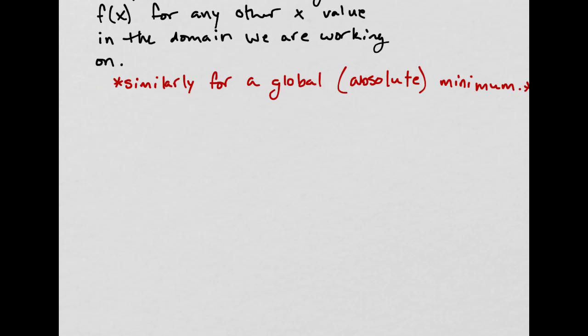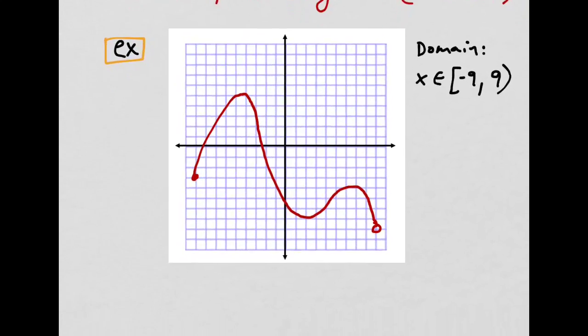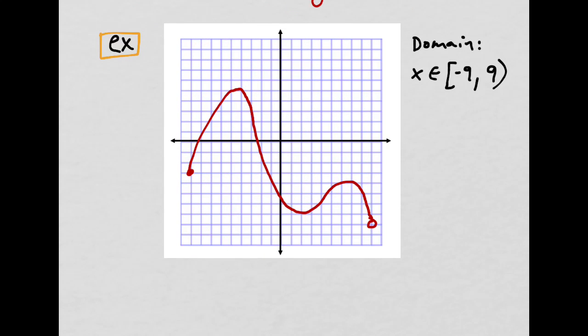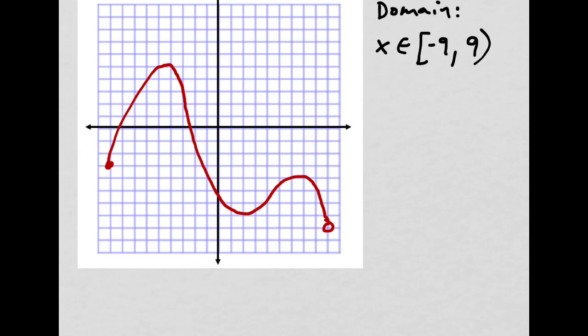Just a quick example. Okay, so the domain here for this small example is any x value that's in between -9, including it, right, and 9, and not including that endpoint. So in this particular case, we do have a global maximum because we have the highest y value right here. The global maximum would be f of, if this is f of x, let's write that.